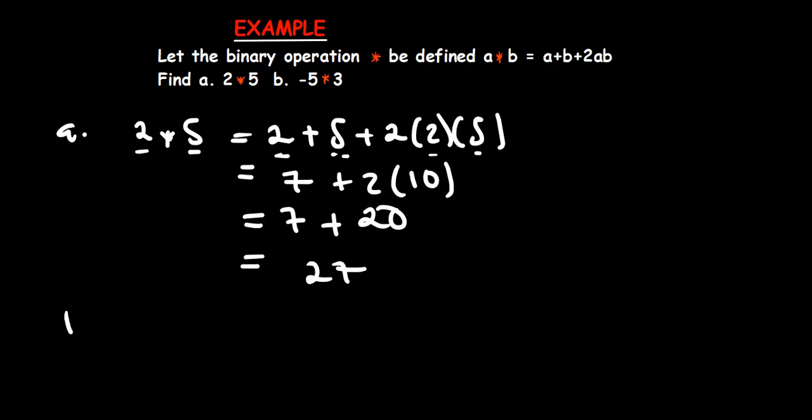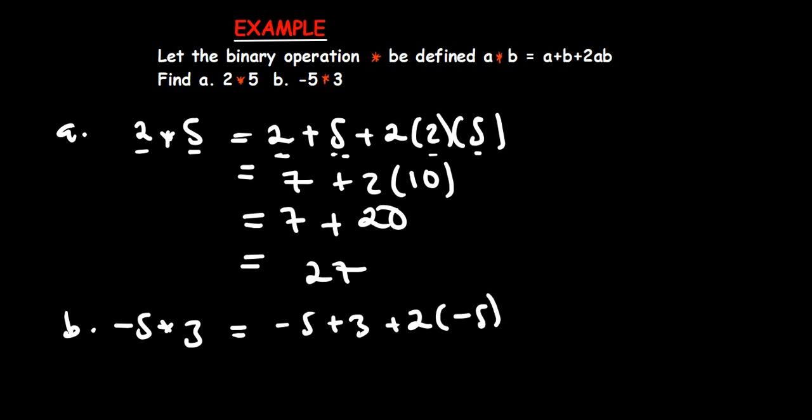Now let me do the other one, which is negative 5 star 3. Where there's A, I'll put negative 5, and where there's B, I'll put 3. Then I'll have 2, where there's A that will be negative 5, and where there's B I'll put 3. When I add negative 5 and 3, I'll have negative 2.